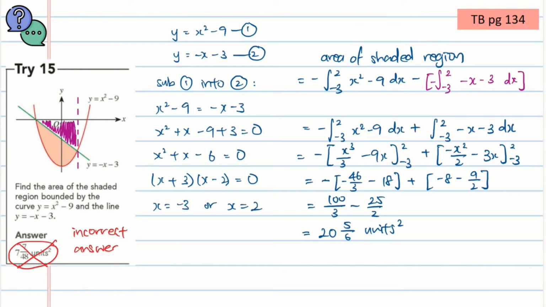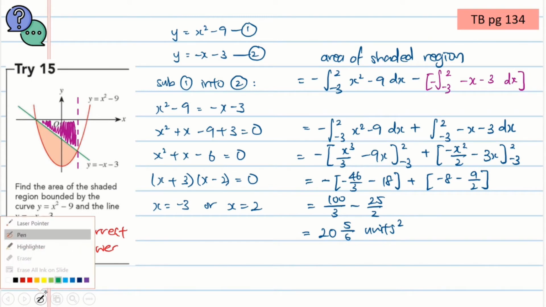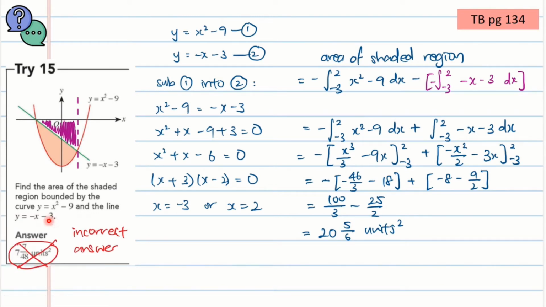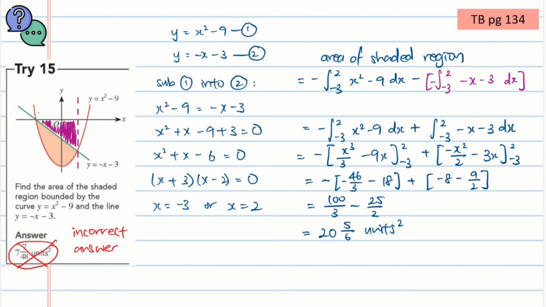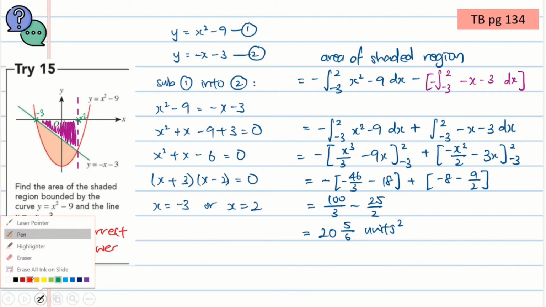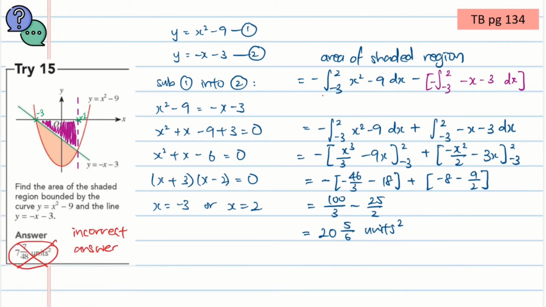So similar to before, we will do our simultaneous equations and then see that we have x equals -3 and x equals 2. So that tells us that it will be a -3 over here and a -2 over here. So the strategy that we figured out earlier was to find the area under the curve. This negative is due to below x-axis.